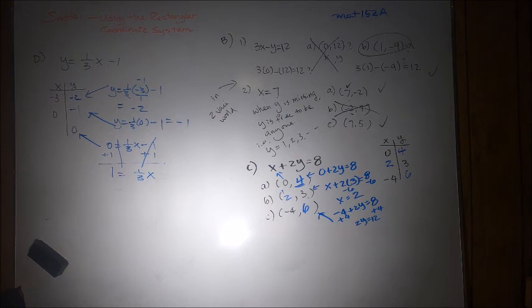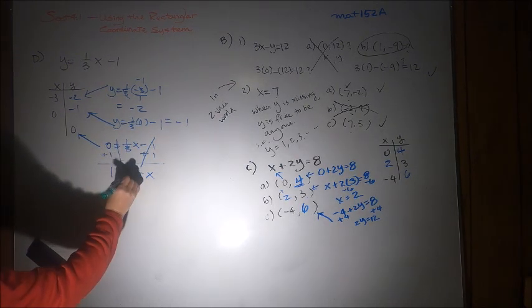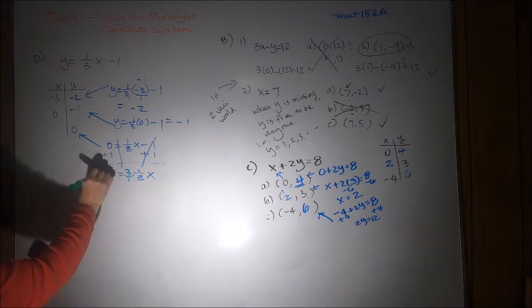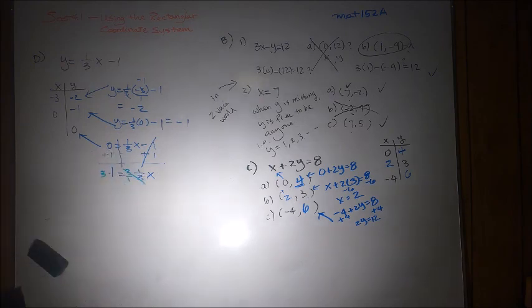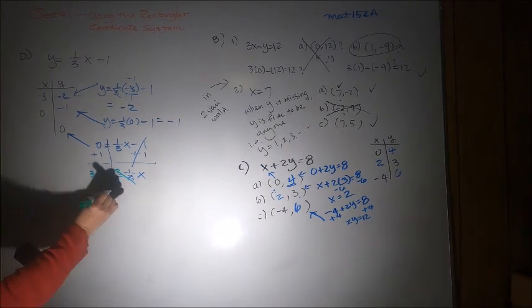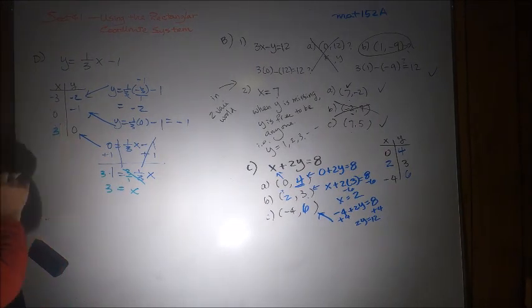How do you get rid of 1/3? You multiply it by its reciprocal, right? So that will be what? 3/1. So that's 3. So you times 3 on each side, so you can get rid of 1/3, right? So x is what? 3. So when y is 0, x is 3, right?